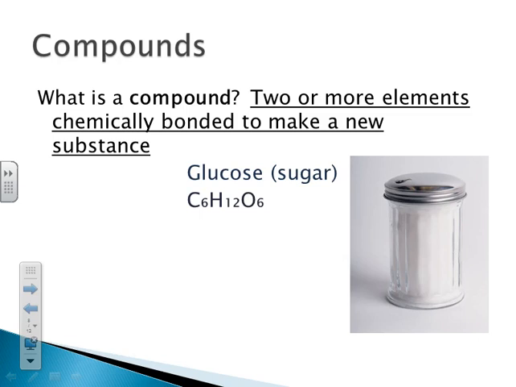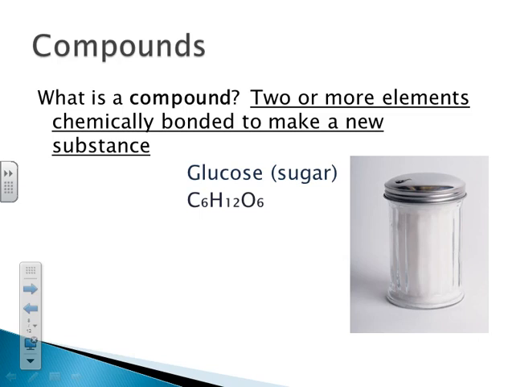A lot of times you have to go to a special pharmacy that says, we compound, which means they will make a special compound of medicine for you. They're usually more expensive, but your doctor can prescribe you a compound medicine. So compounds are when you take two or more elements and chemically bond them together to make a new substance.